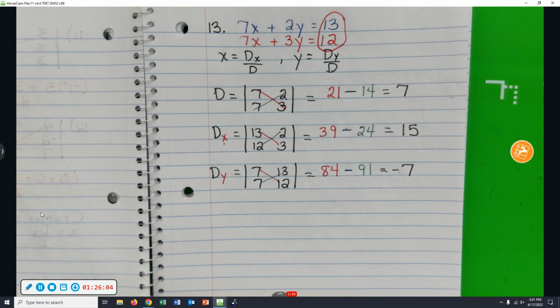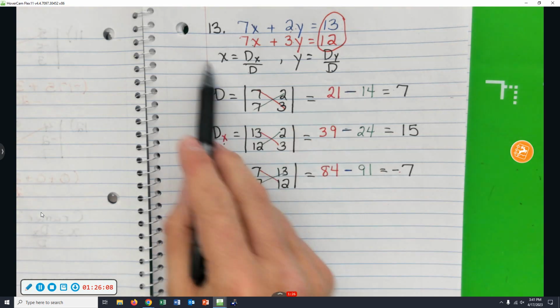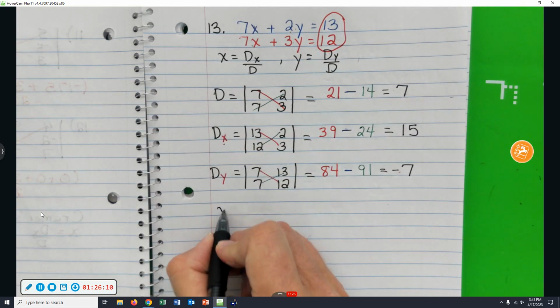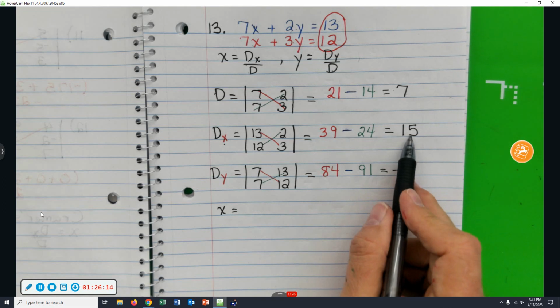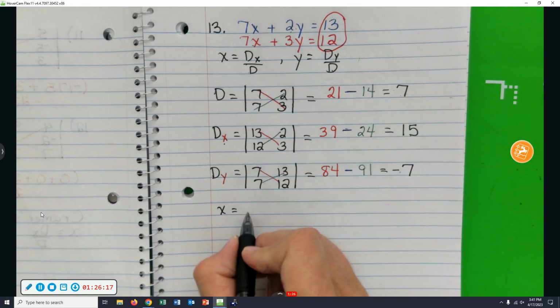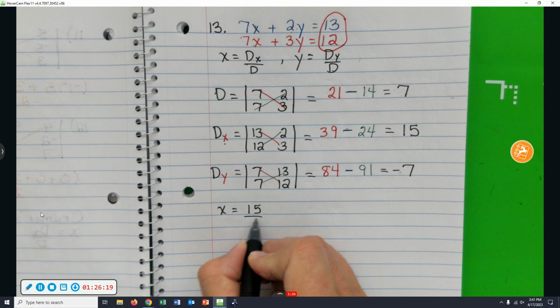Now, what have we done? Well, now you can plug into the formula. X equals dx over d. So x is 15 over 7.